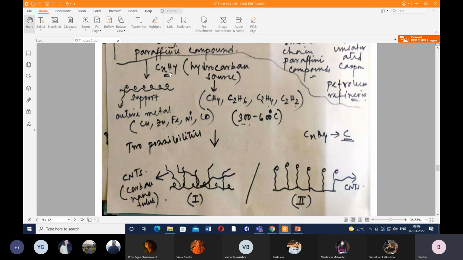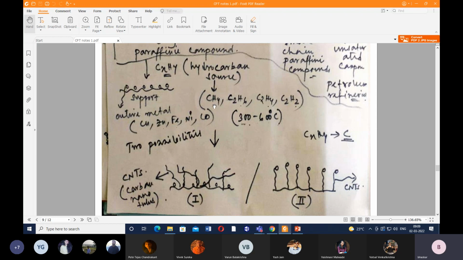At a temperature between 300 and 600 degrees Celsius, I am allowing hydrocarbon gas to come in contact with this supported catalyst system. So now we all understand that on the active surface sites of the catalyst system, this hydrocarbon will decompose.